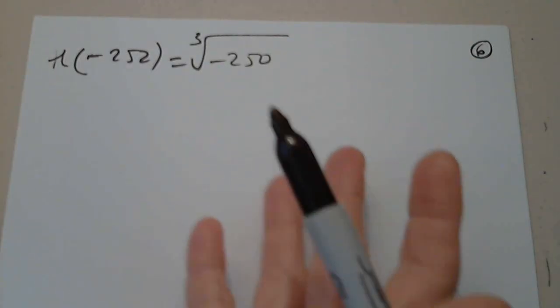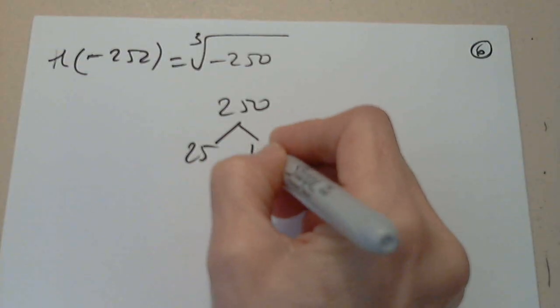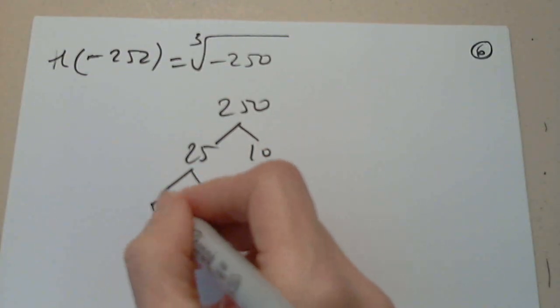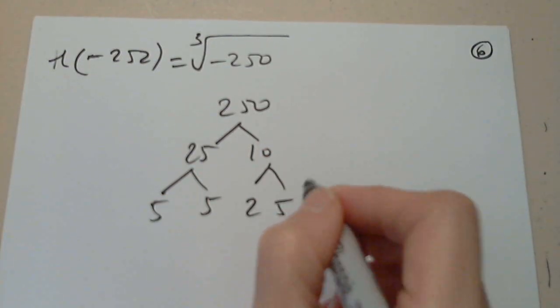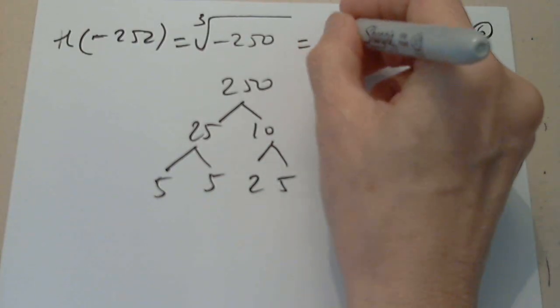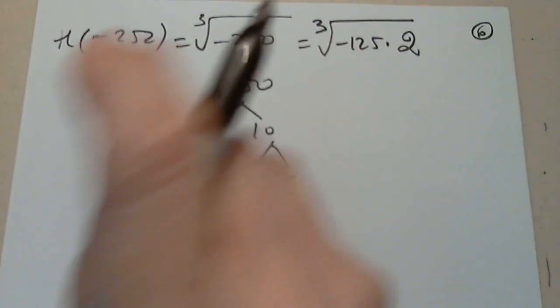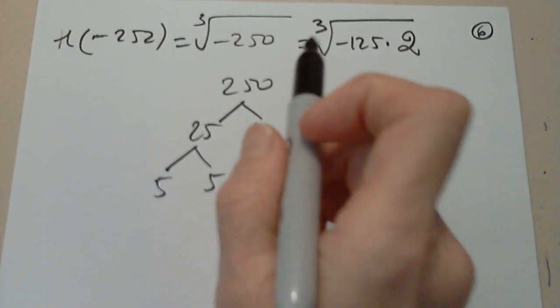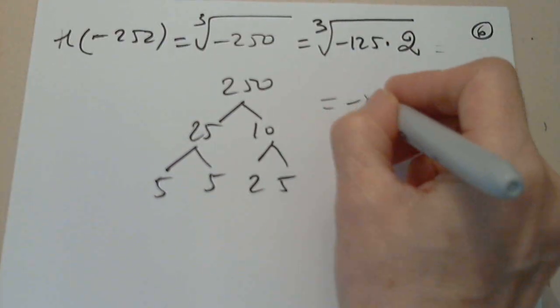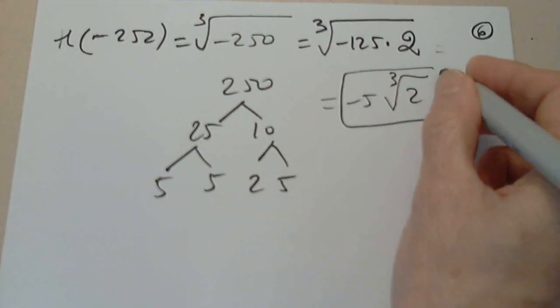Yes, I can use the calculator, but let me see what this is. So 250 is 25 and 10, and this is 5 and 5, and this is 2 and 5. So I can take the cube root of negative 125. So this is the same as the cube root of negative 125 multiplied by 2. The cube root of negative 125 I know is negative 5. And the cube root of 2 has to stay as the cube root of 2.